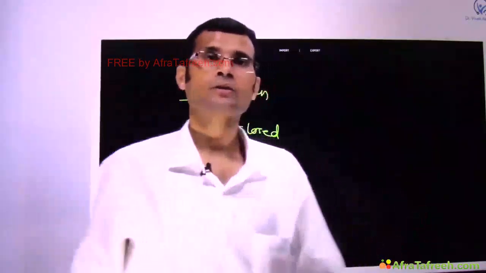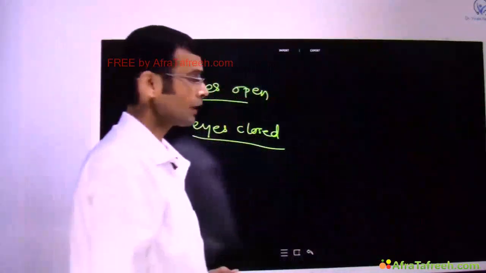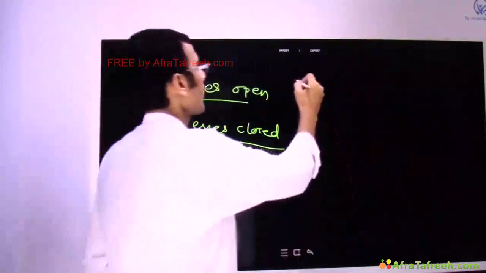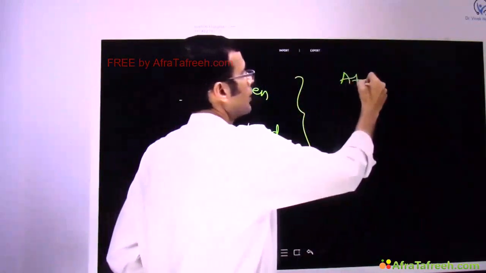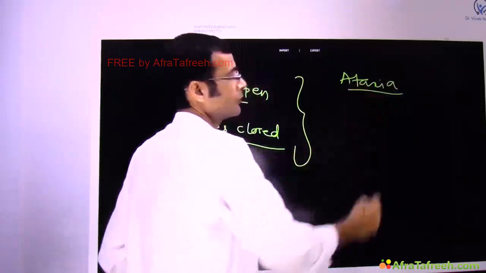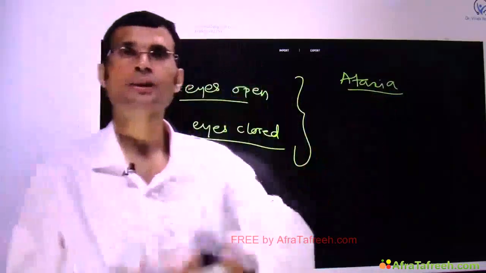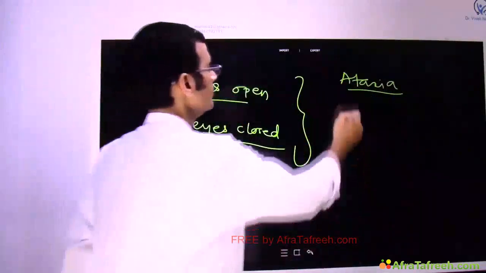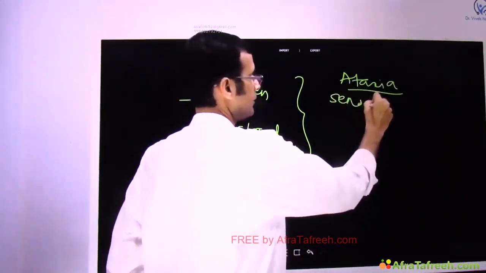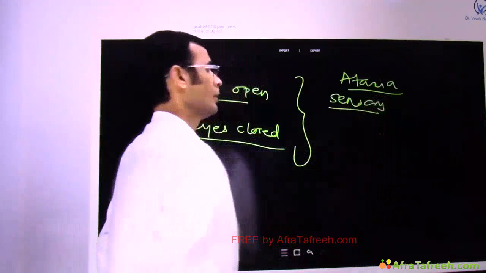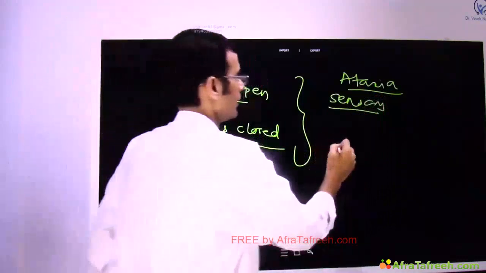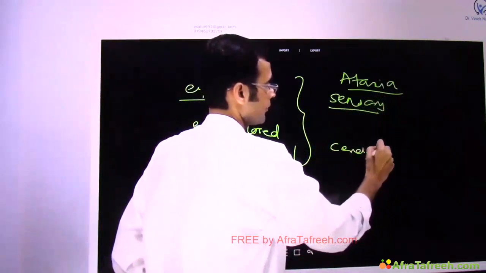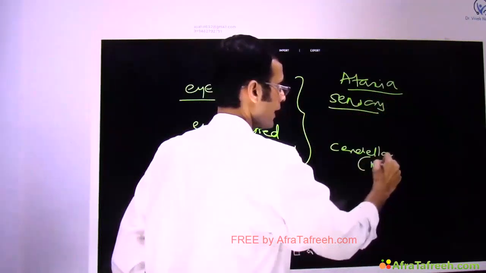That's the essence of this test, to test the ataxia. Now, ataxia, loss of coordination, is of two types. Basically, it is because of two reasons: the sensory ataxia and the cerebellar or motor ataxia.